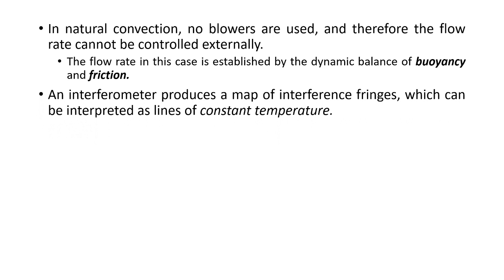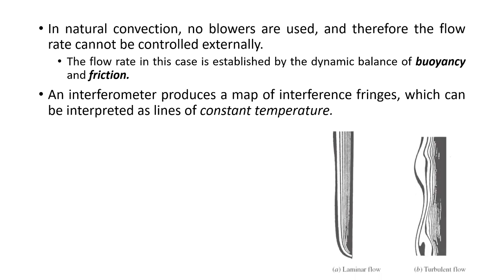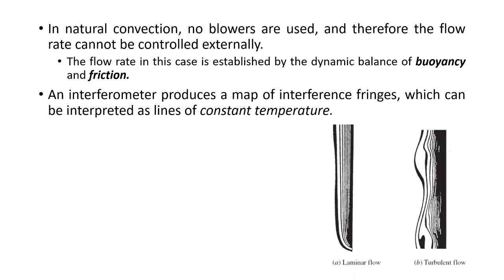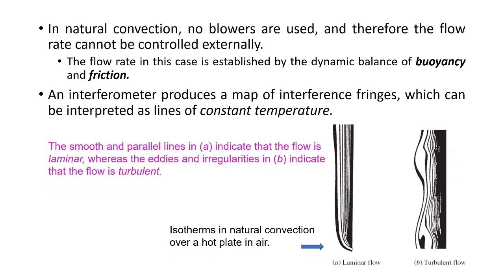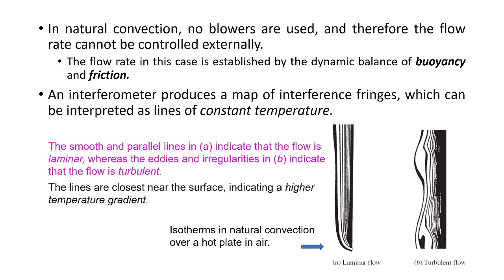An interferometer produces a map of interference fringes which can be interpreted as lines of constant temperature. You can see from this figure the boundary layer profile for laminar flow and turbulent flow. These are isotherms in natural convection over a hot plate in air. The smooth and parallel lines in figure A indicate that the flow is laminar, whereas the eddies and irregularities in B indicate that the flow is turbulent. The lines are closest near the surface, indicating a higher temperature gradient.